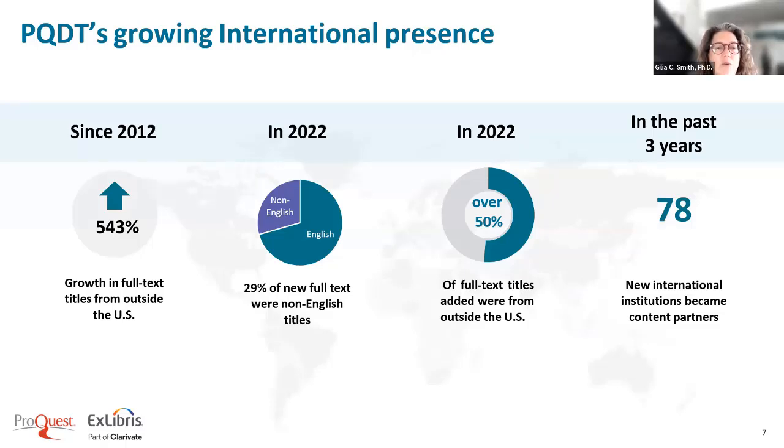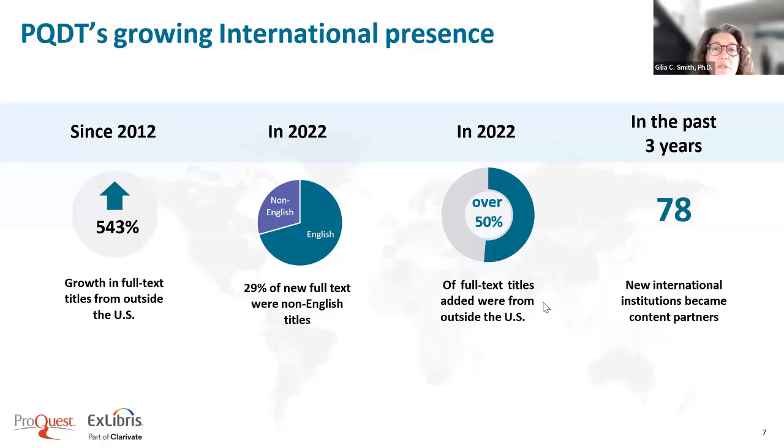So we've been doing a lot of really good work in that area lately. You can see that here. Lately means in the last 10 years or so. Here you can see that in 2020, almost 30% of our new full text works came from languages beyond English.